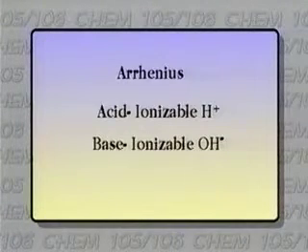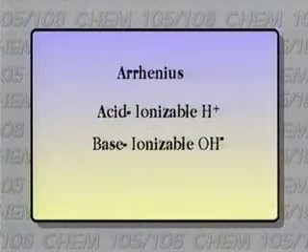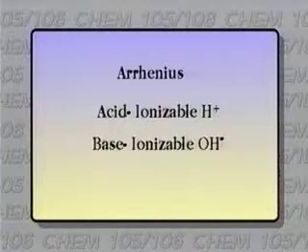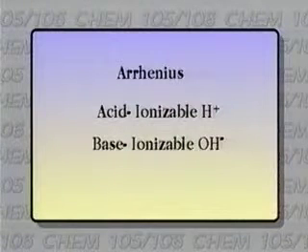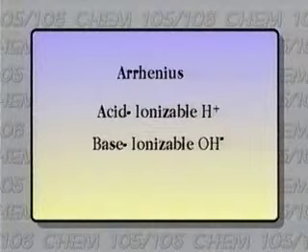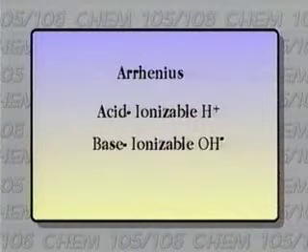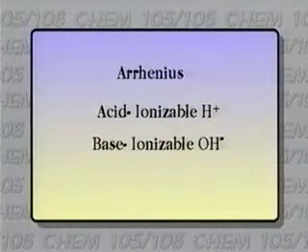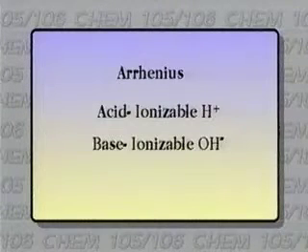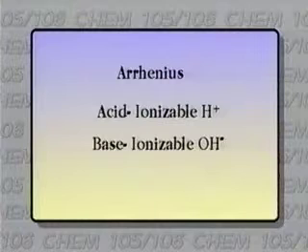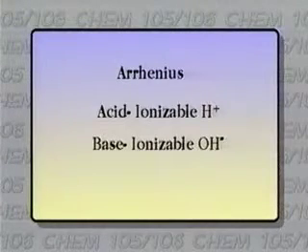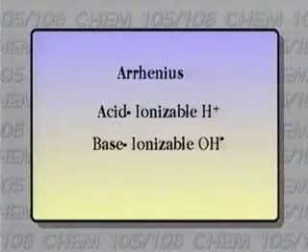And so that was the first chemical definition of acids and bases. Arrhenius's definition: an acid was any chemical that contained an ionizable hydrogen when put into water. A base was any chemical compound that had an ionizable hydroxide when put into water. So that was then the first definition for acids and bases.